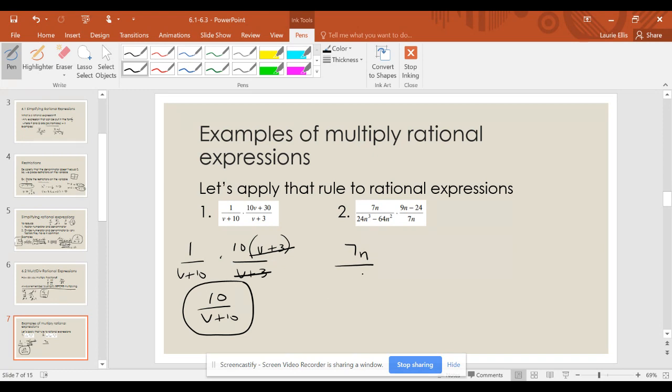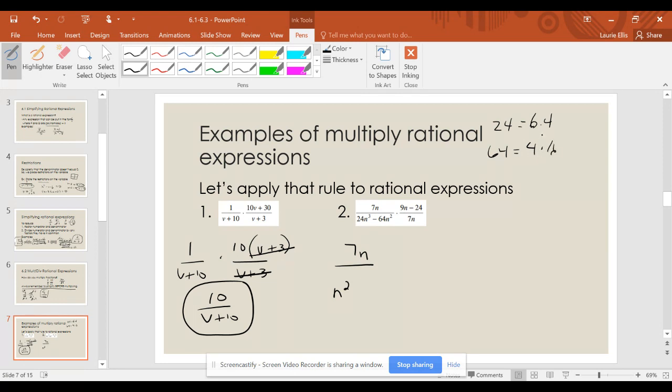Okay, so my greatest common factor, I see there's an n squared. I also see the 24 and the 64. I'm just going to write them over here, 24 and 64. This is 6 times 4. 64 is 4 times 16.